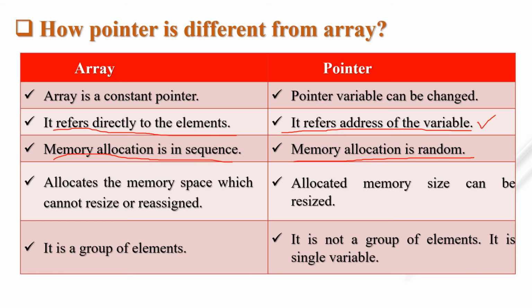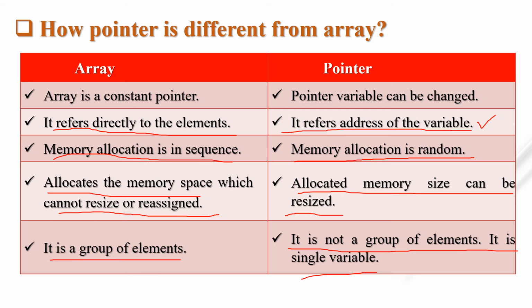Any memory location will be given by the compiler. An array allocates memory space which cannot be resized or reassigned, but the allocated memory size can be resized in a pointer. An array is a group of elements, but a pointer is not a group of elements, it is a single variable. So this is the difference between array and pointer.